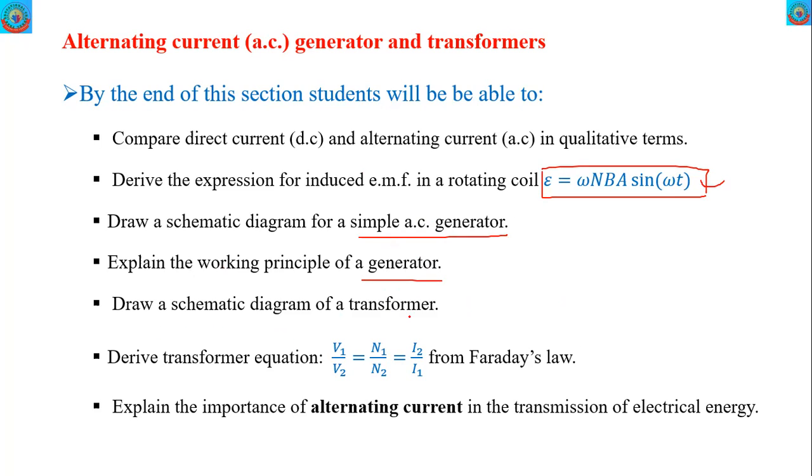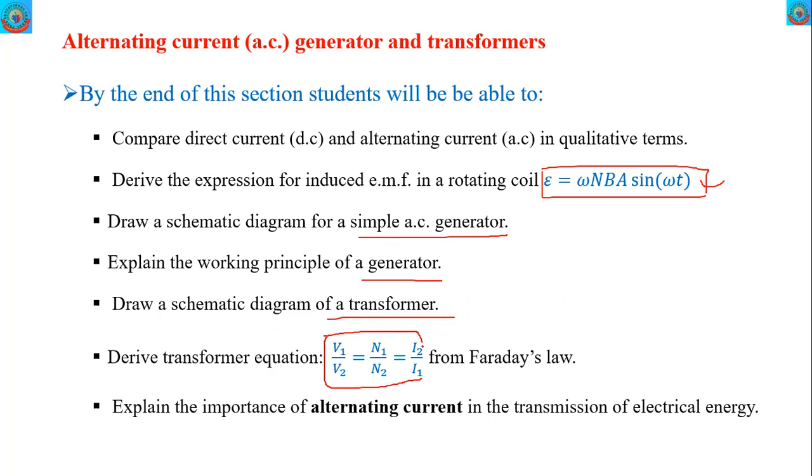Draw the schematic diagram of a transformer along with its working principle. Derive the transformer equation. This is called the transformer equation.